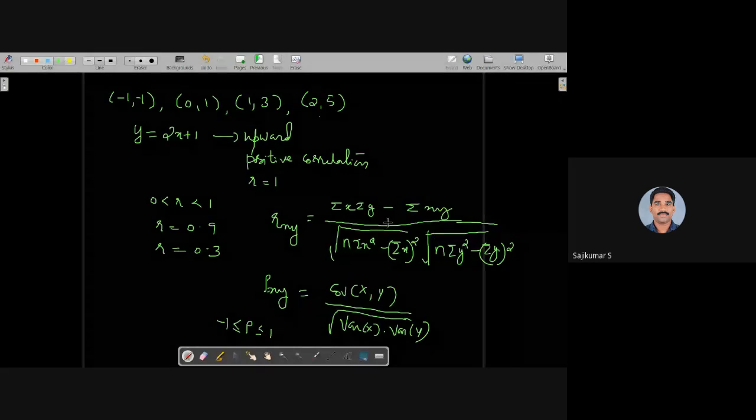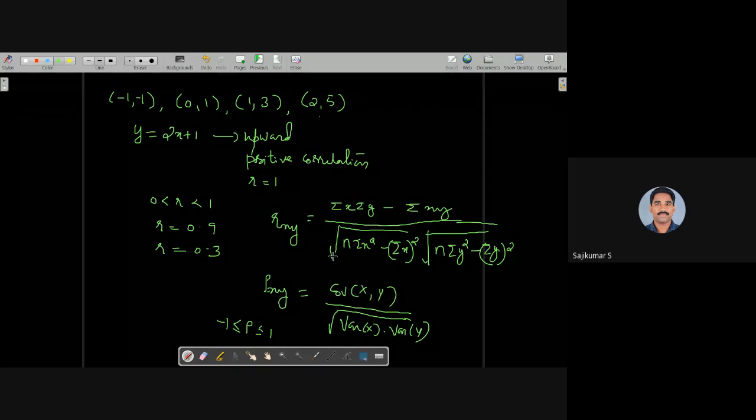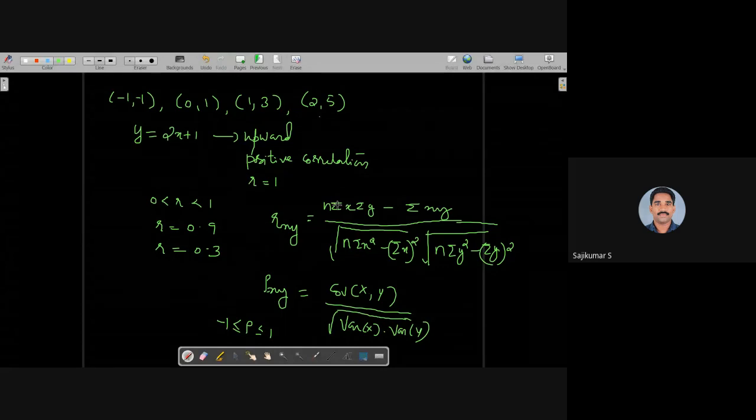Using these 5 different sums, we are computing the correlation coefficient Rxy. Sorry, there is a change in the formula.